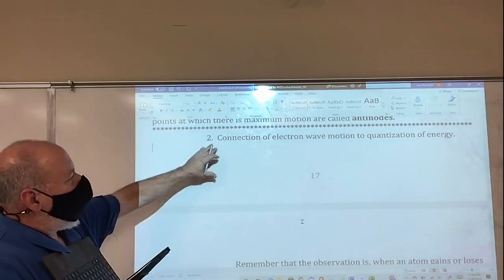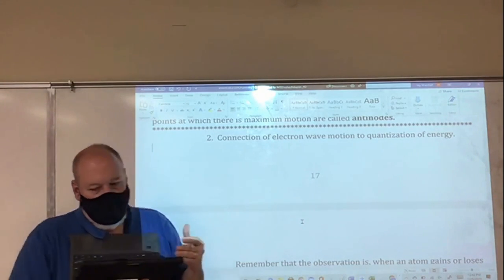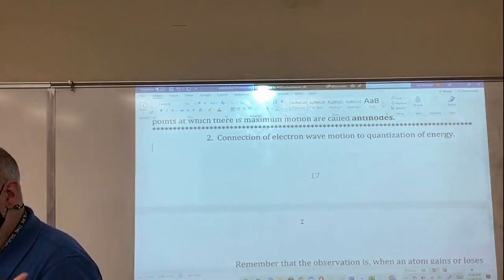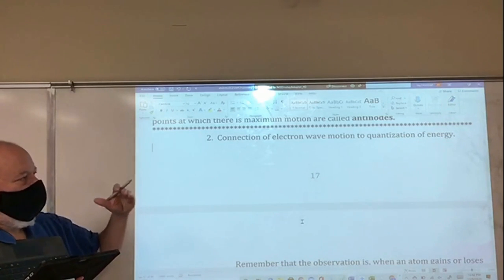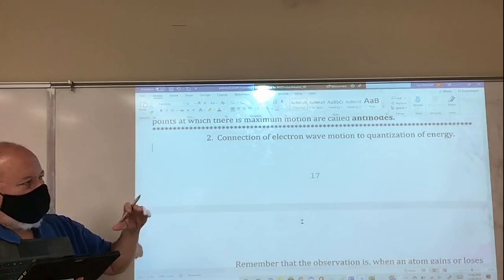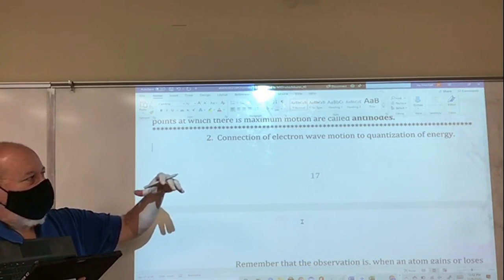But what we want to do now is connect this wave motion to specific amounts of energy. Okay? If I have this amount of energy, I'm at the lowest level. If I have this amount of energy, I'm at the next level.